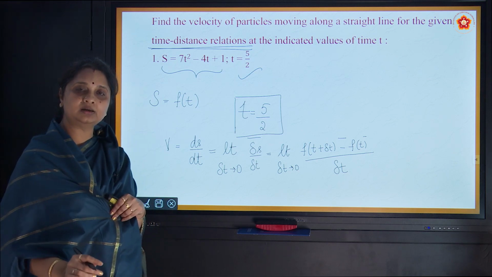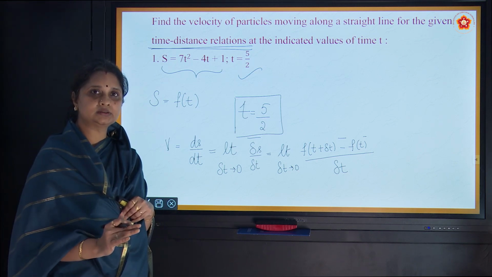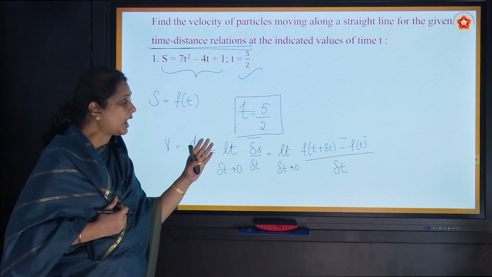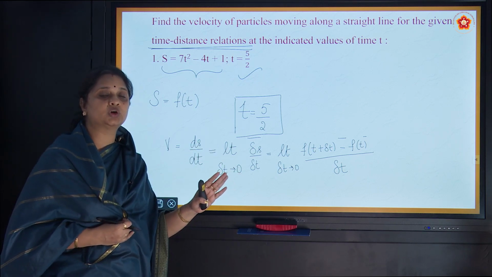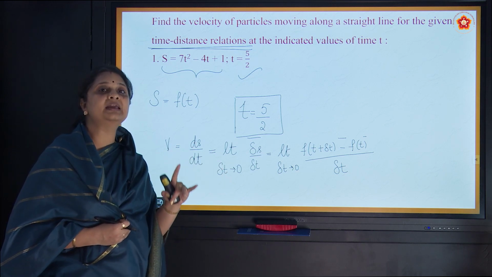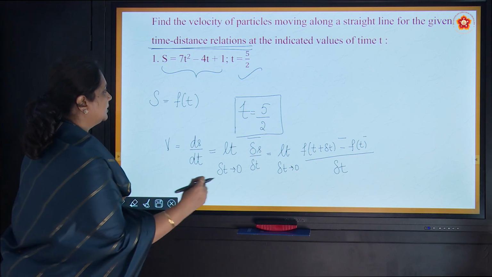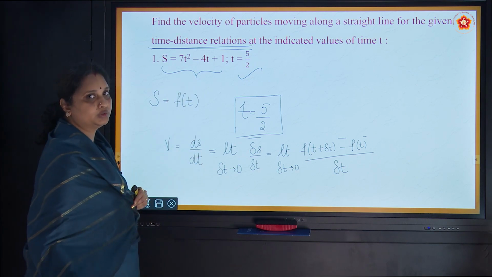This is your formula. Please make a note of this. From the previous slides itself, you would have made a note of it. So as and when the variables change, you need to know how to replace and where to replace which variable.